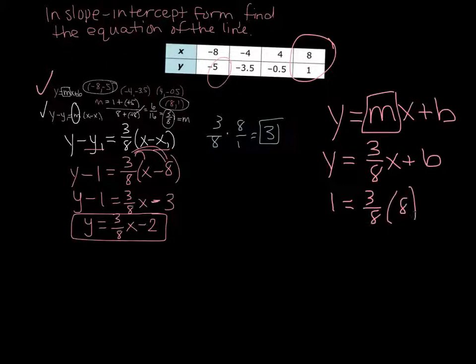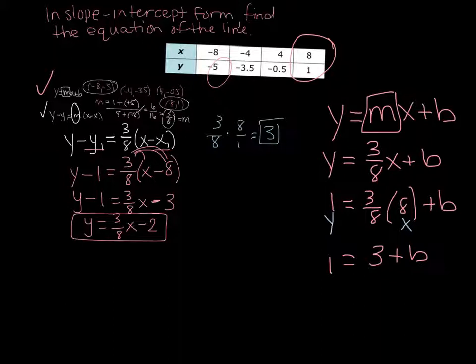and 8 for x. All I did here was plug in, this was my y coordinate, this is my x coordinate. And now I'm going to simplify and solve for b, and then plug right back into my original equation. So 1 equals 3/8 times 8, again, is 3, plus b.